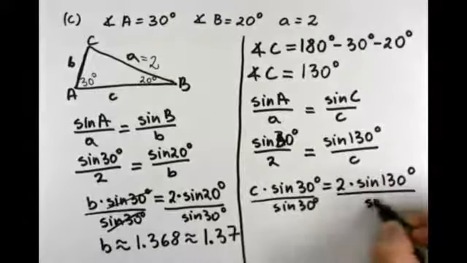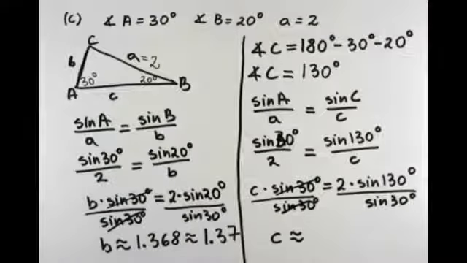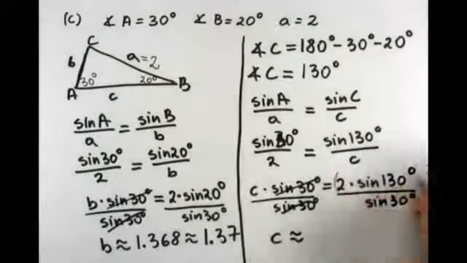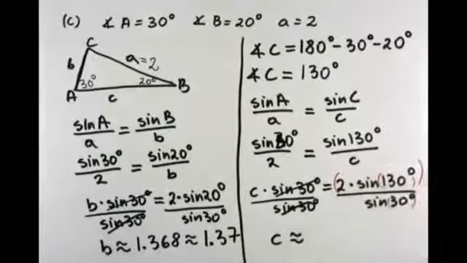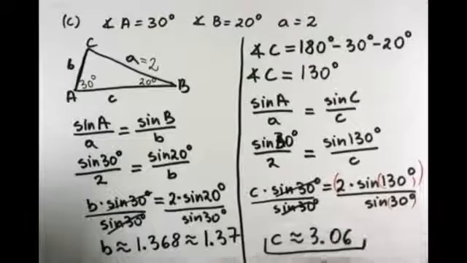So this cancels out. So C is approximately, make sure you put the brackets for sine, 2 times sine 130 degree divided by sine 30, which gives me 3.064. So that's my side C.